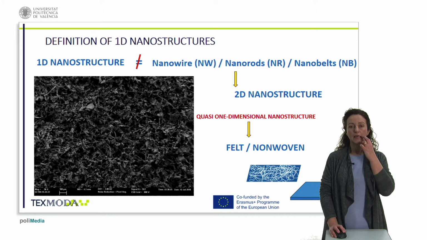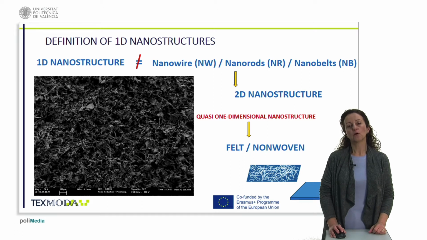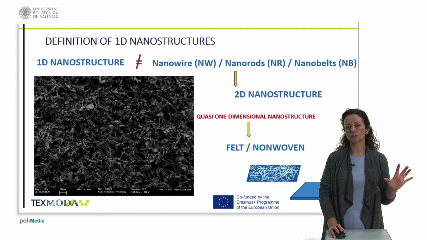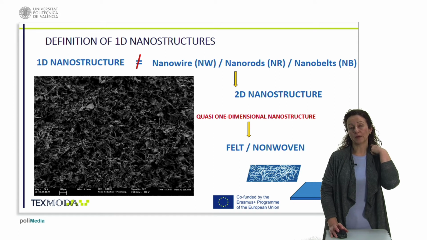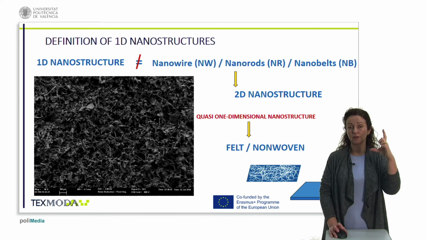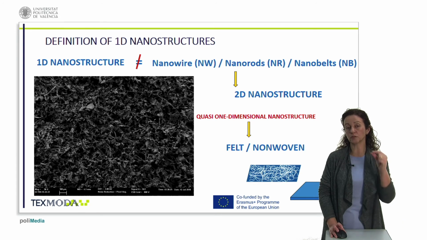What is true is that some authors call them quasi one-dimensional nanostructures. Why? Because they are not taking into consideration one of the parameters, which would be the length of the nanorod, and then they consider that it's one dimension, but it's not correct, okay?